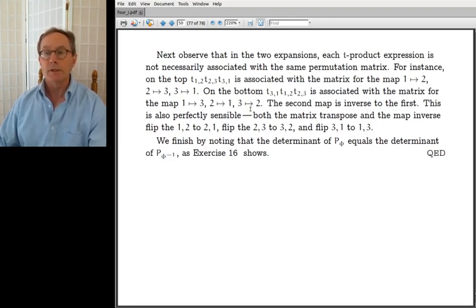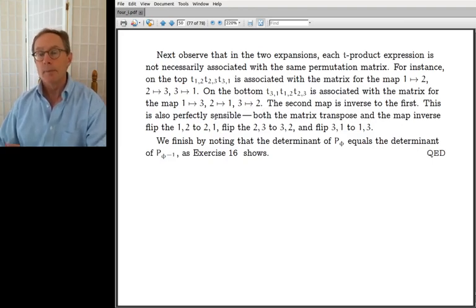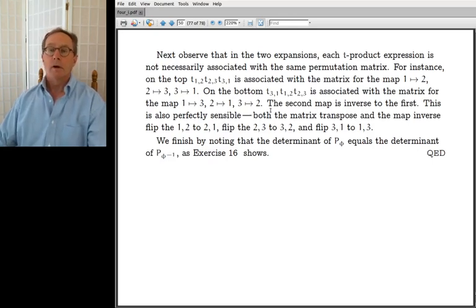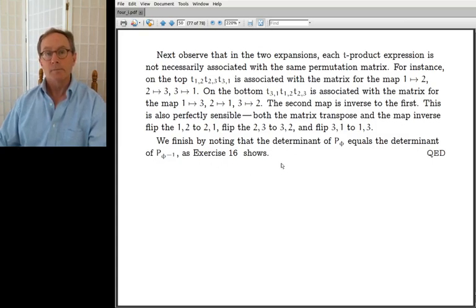And again, that's perfectly sensible because when you take the matrix transpose, you flip from ij to ji. Okay, but obviously the determinant of P sub phi has got to be the determinant of P sub phi inverse because they're plus and minus 1, and so exercise 16 shows it's easy to see that the determinant of those two has to be the same.